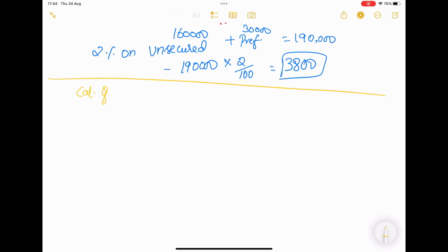Calculation of preference dividend. So preference share capital valued at 4 lakh. See, the percentage of preference share capital is 6%. So 6 by 100, this is how we are going to calculate. But in this question, preferential shareholders have arrears for 2 years, so into 2. So for 1 year we are going to get 24,000.